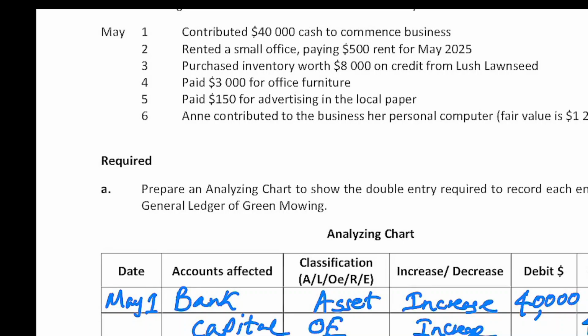Diya. What are the items affected? Bank and rent. Yeah, we call it prepaid rent. Why? Because we are paying the rent for this month at the beginning of the period. So it will be a prepaid rent.